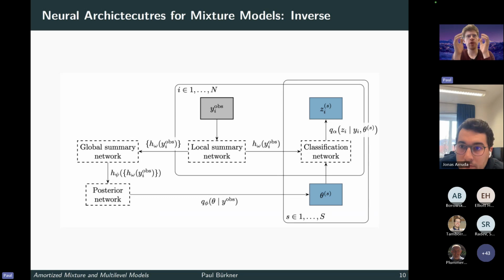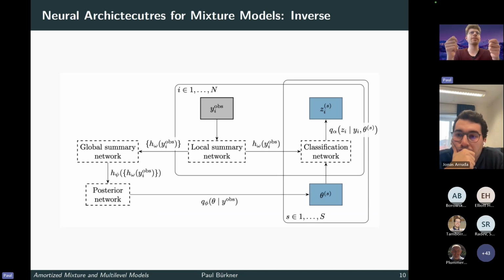Yes. So first of all, in principle, it becomes possible to amortize over different numbers of observational units because the local summary network just handles individual observational units. That's the prerequisite, which is why we're using this specific factorization. The local summary network doesn't care if it individually processes 10 or 50 observational units.